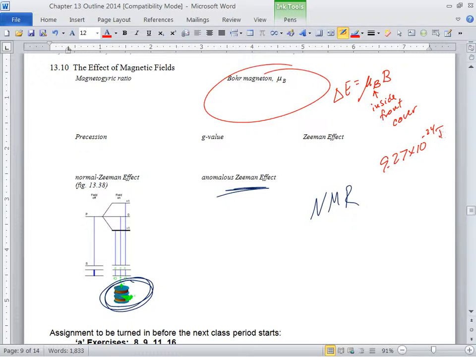Units are joules per T. Now, what's T? It's a unit, so it's not a variable. It's not T for temperature. Tesla. Someone remembers their magnetic stuff, right? So that's joules per Tesla. So when you solve for B, the magnetic strength, you get your answer in Teslas. So you've got to watch your units here. So you know what the Bohr magneton is, but remember it's in joules per Tesla. We'll solve for B, we'll get Teslas. That's good.